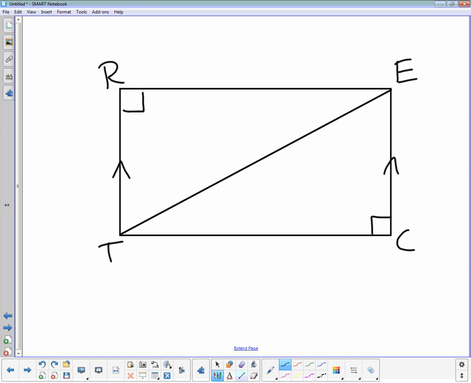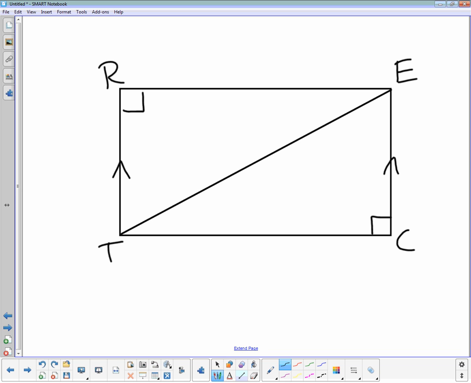Let's process this. Math teachers have lots of problems. All right, so as soon as you see parallel, you should be looking for what? What did we see in the last one? Angles. What kind of angles?